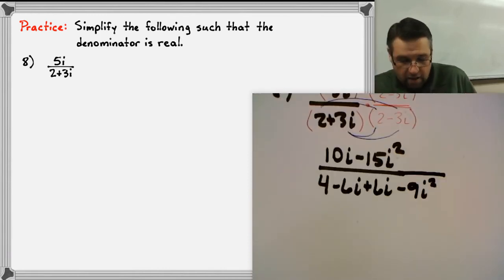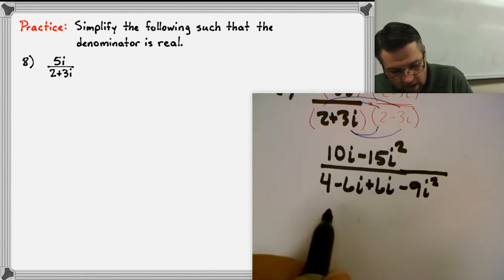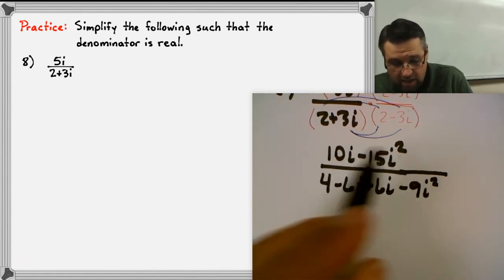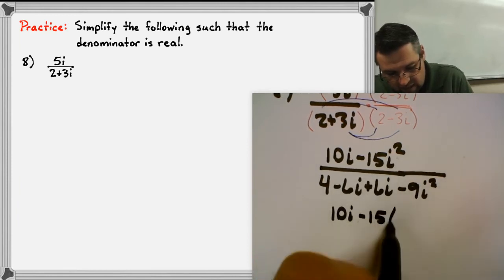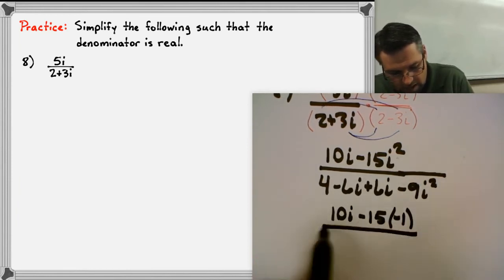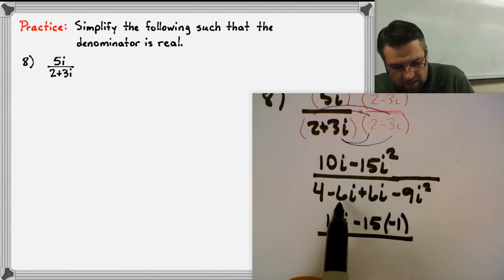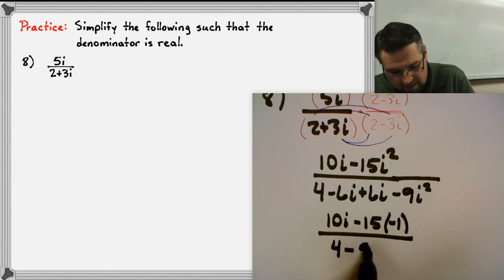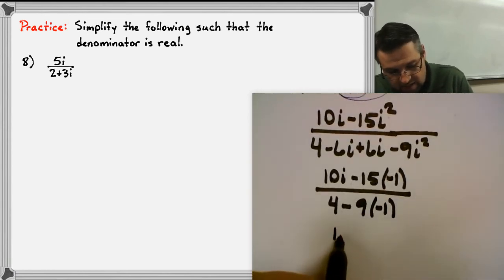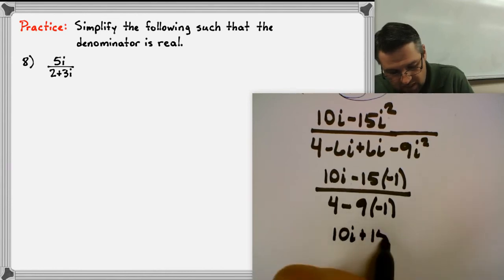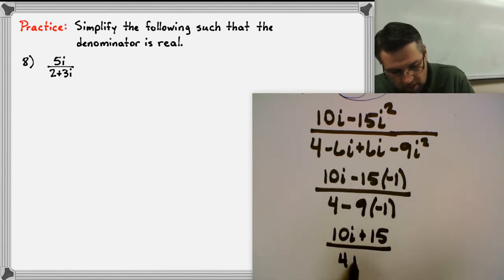Now from here, we'll simplify. The top, I can't combine them because you have an i and i squared, but I can simplify it. It becomes 10i minus 15 times negative 1. On the bottom, we'll do the same thing, but we notice that the negative 6i and the 6i cancel each other out. So we're left with 4 minus 9 times negative 1. And then that'll simplify. We've got 10i plus 15 over 4 plus 9.